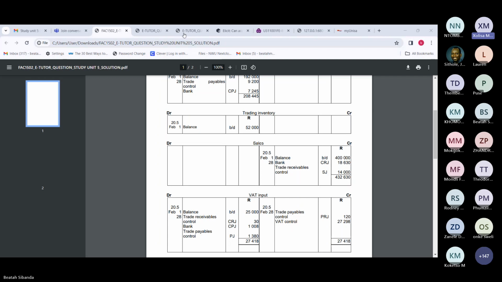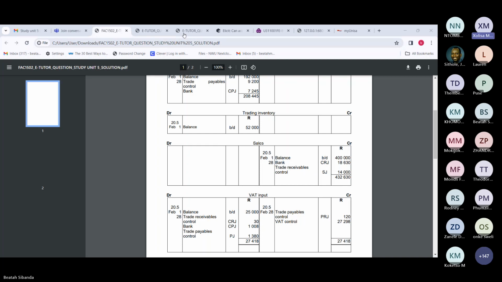Okay. So if we look at that VAT input account, we can see that we bring forward our balance of 25,000 there on the debit side. Everyone can see that. Basically, SARS owes us 25,000. And everyone happy? Okay, cool.